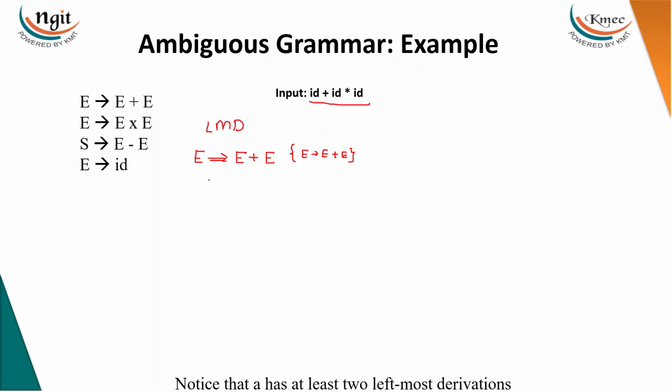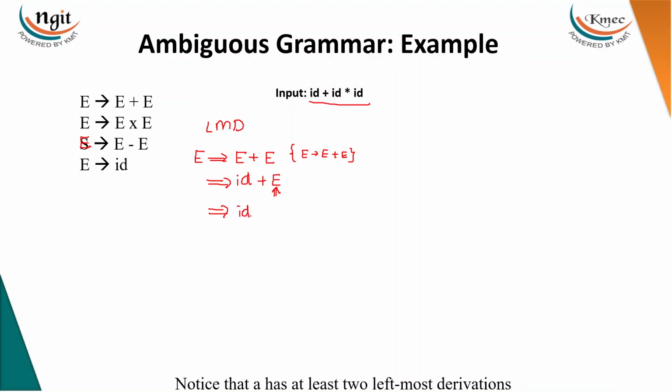Then for this E, you can substitute leftmost directly id, because E is having id here. This is also E, but it won't affect our concept now. Then I got id plus, and I'm expecting id star id. This is the leftmost non-terminal, and you have to replace only this in the leftmost derivation.